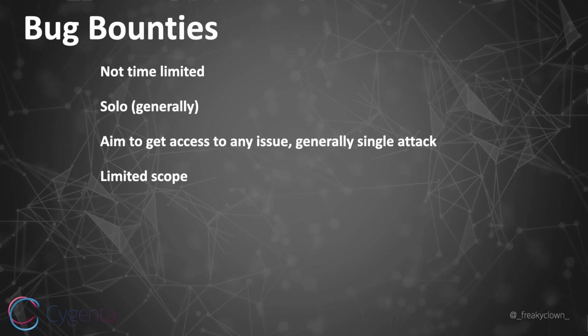So with bug bounties, unlike hacking challenges or CTFs, the scope is very, very limited, right? You are generally given these web apps or these network ranges, for example, or a bunch of IPs. It's generally just one particular thing that you're looking at. So it's a very narrow scope of things.